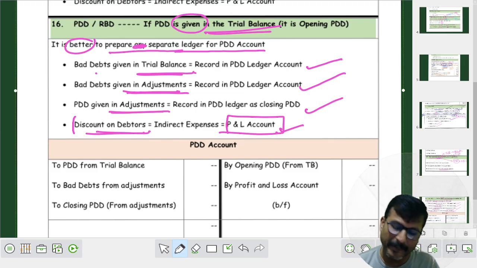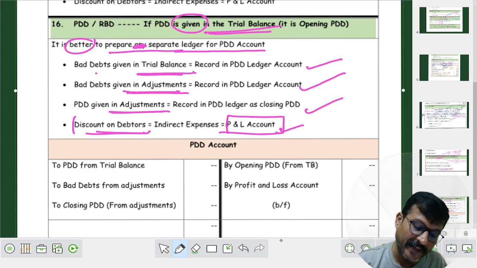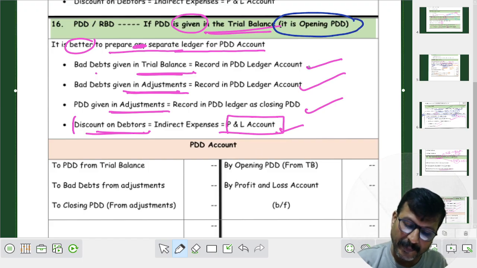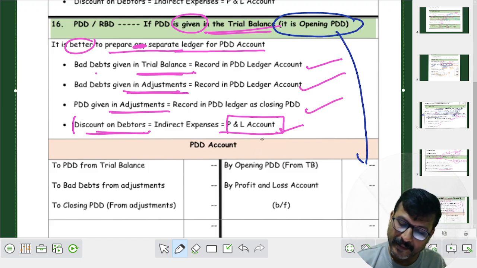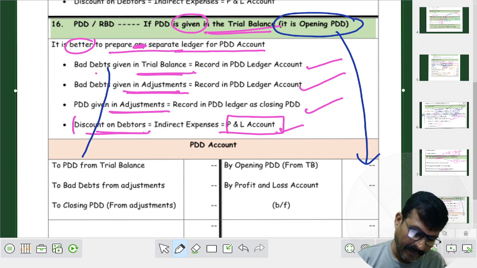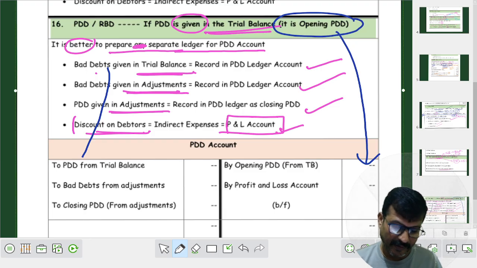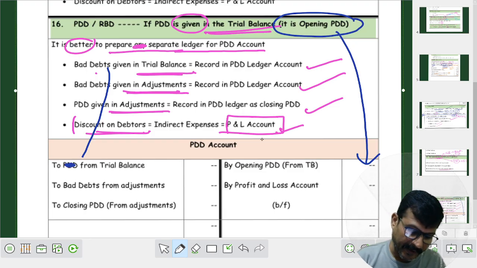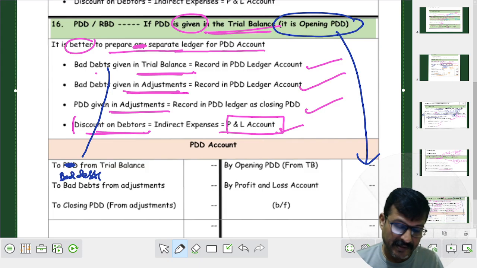How to prepare the PDD account? See, here we have an opening PDD, right? When the PDD is given in trial balance, it is called opening PDD. Opening PDD comes here. Bad debts given in trial balance comes here. Bad debts from, it is not PDD, my dear student, it is bad debts from trial balance.